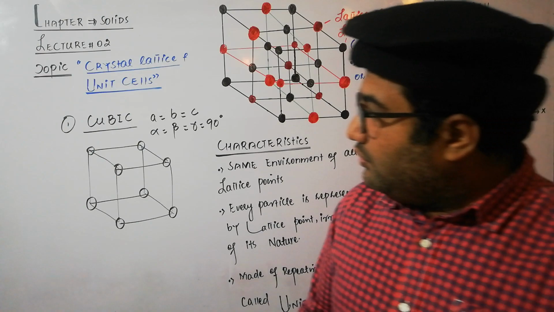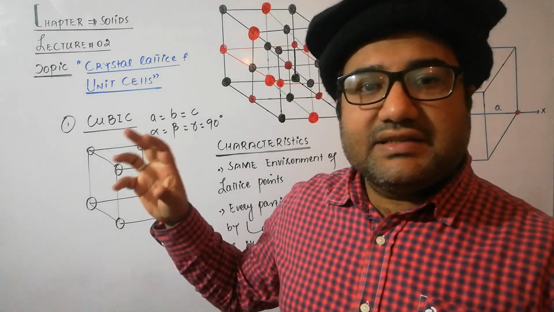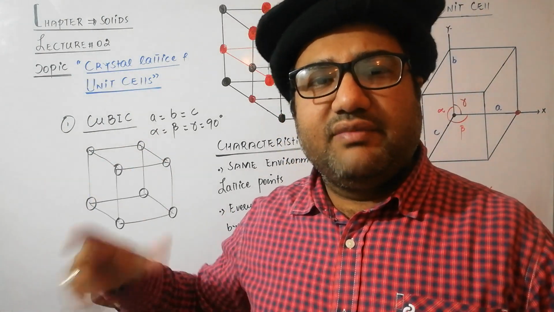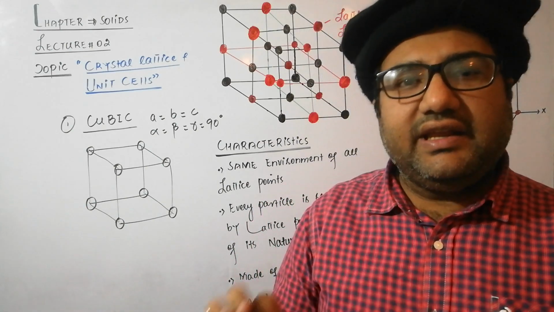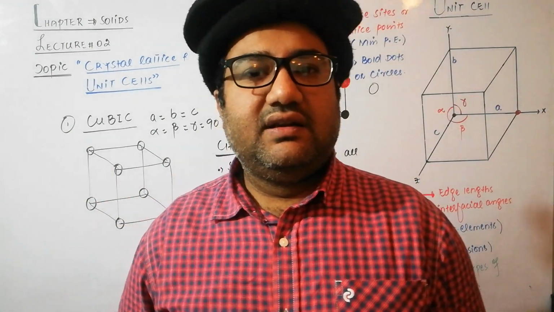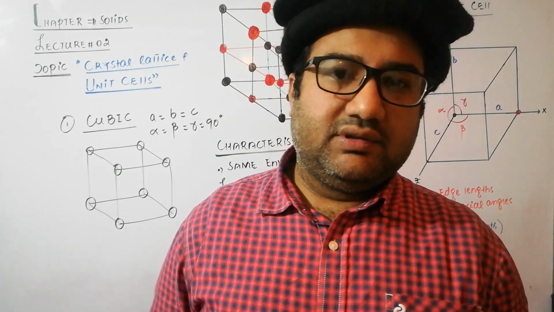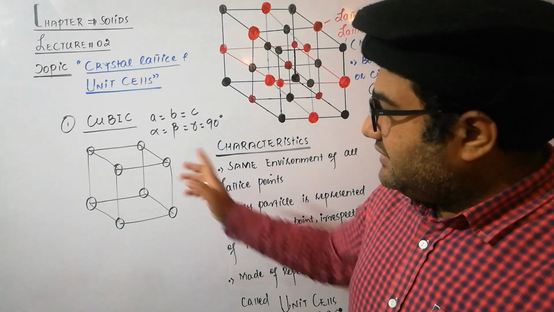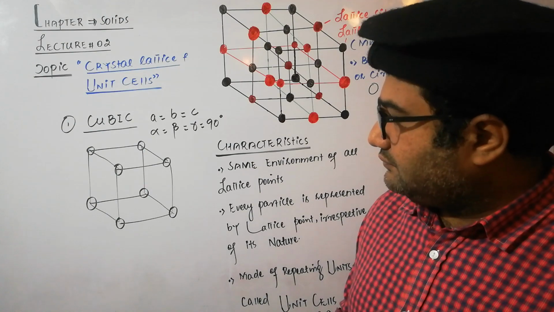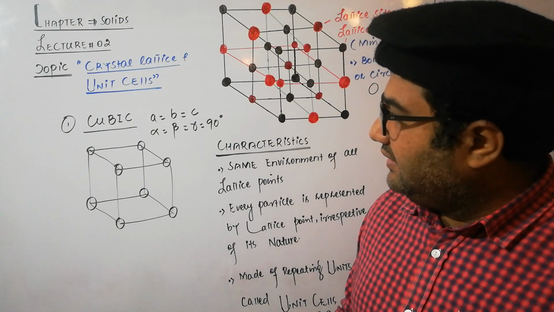A cube that has lattice points, or you may say constituent particles, only at the eight corners is called the simple cube or primitive cube.